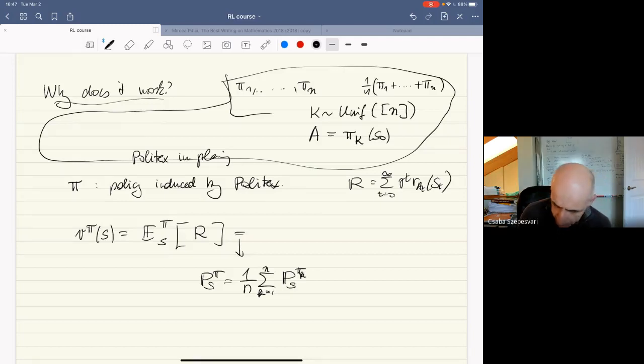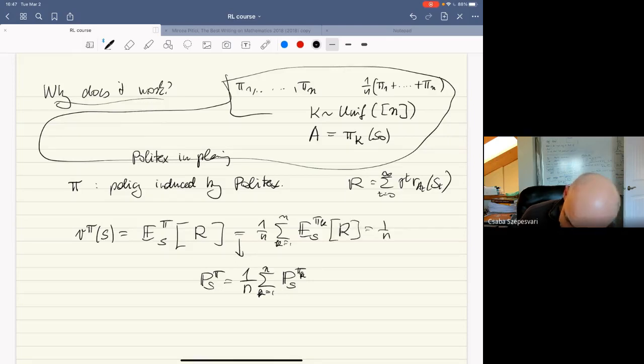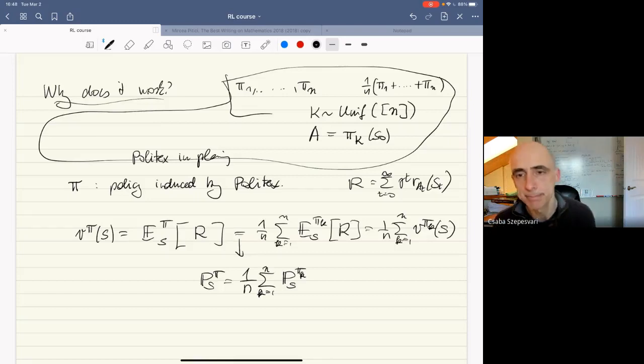And because the distribution under this induced policy is just a mixture of the distributions under the individual induced policies, this expectation is just the average of the returns under these policies, which is just the average of the values of these policies in this state.